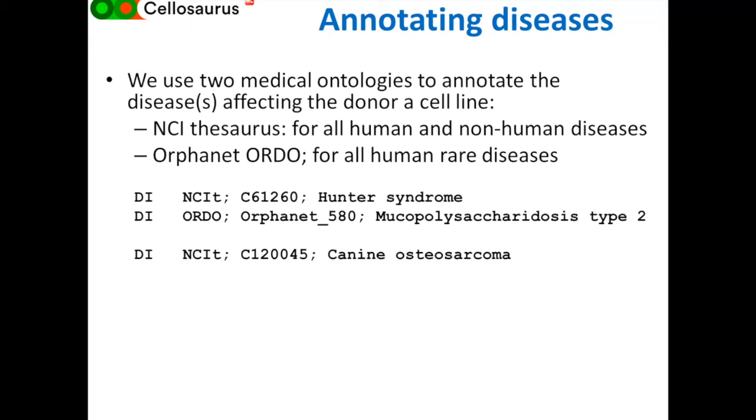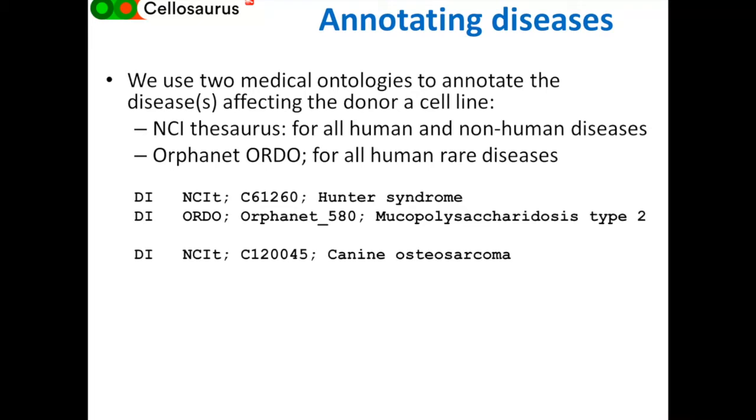So NCI Thesaurus, to my knowledge, is the only disease ontology which contains terms for both human and non-human species. But recently, in March last year, so exactly 1 year ago, we started providing and linking to ORPHANET Ordo.